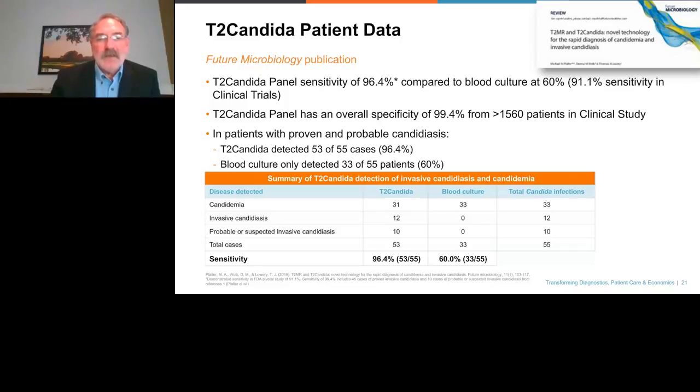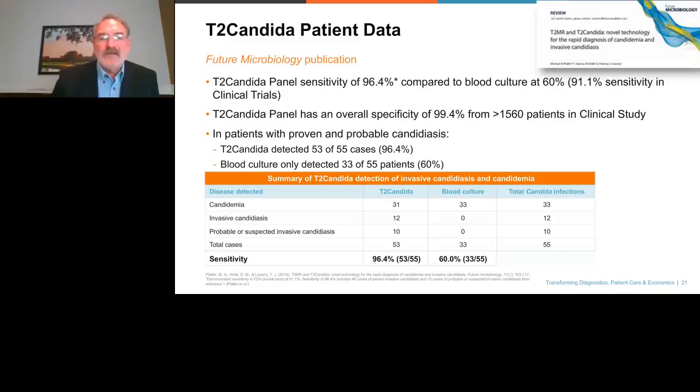But then in addition, there are 22 other cases of invasive candidiasis, 12 of which are proven by deep tissue biopsy or other invasive means, and 10 for which they would be listed as probable or possible invasive candidiasis and not proven. Combining those data together, we have a total of 53 cases detected by T2Candida out of 55 total, blood culture detecting only 33 of those 55, for 60%.